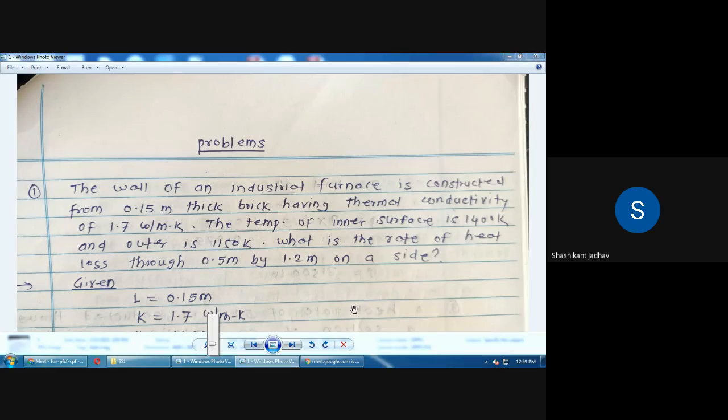The wall of an industrial furnace. First problem on the Fourier's law of heat conduction.